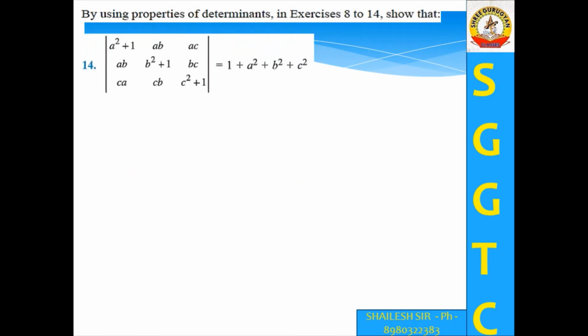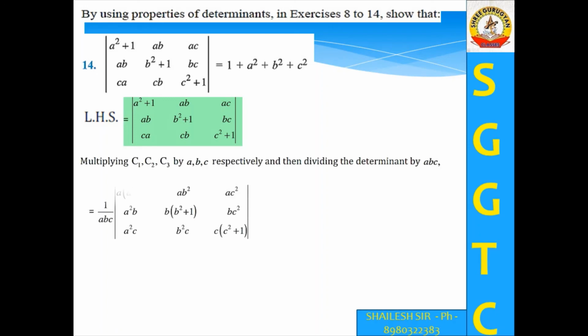Here 14 is also an important sum, and it is important for the bold-level students. It is a 2 marks question, but it is asked many times in exams, students, because here the powers are not the same. Whenever the powers are not the same, then you operate row wise multiply and column wise common. So students, here I multiply row wise.